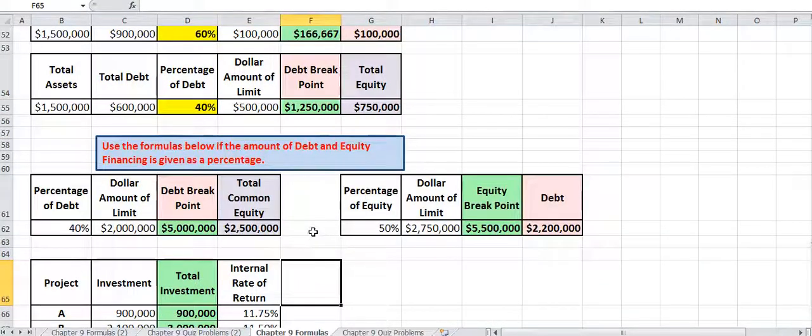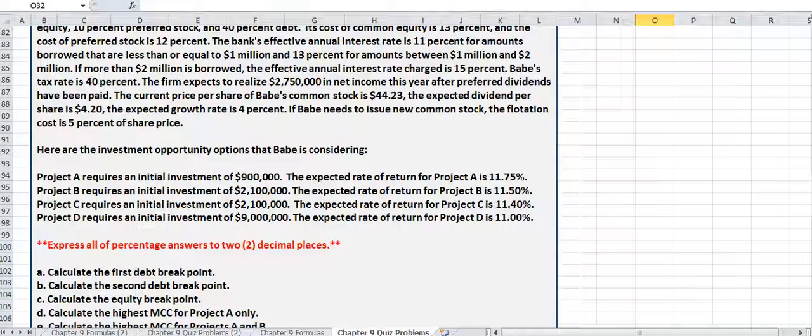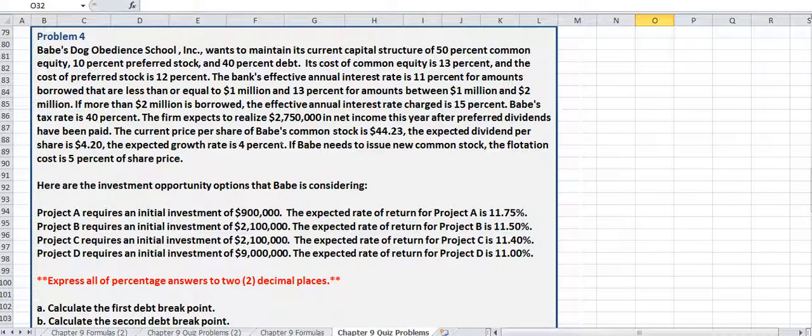Our equity breakpoint is determined by the overall percentage of our capital that is equity, 50%, and the dollar amount limit we get from the problem, which is the firm's net income. This is also retained earnings, and this is also internal equity. Once we go over this, we're going to have to issue new stock, which is going to be more expensive.